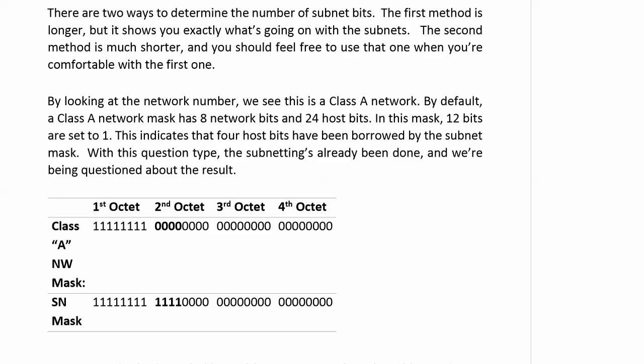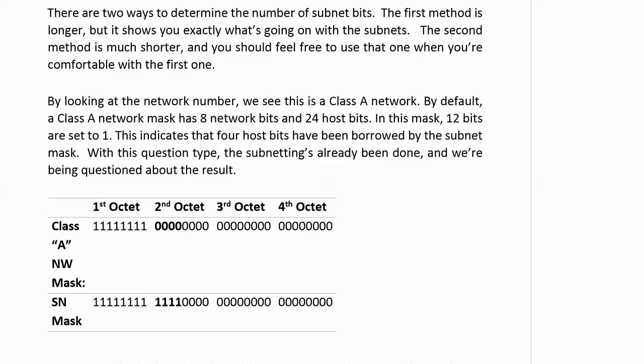So that means that someone's already come in and done the subnetting, and we notice by looking at that mask that we have 12 bits set to 1. Well, 8 of them were set to 1 before subnetting because that's what the Class A network mask is. The first octet is all 1s and the second, third, and fourth octets all 0s. So that means that someone came in, did some subnetting, and borrowed 4 host bits. That's how we got the subnet mask.